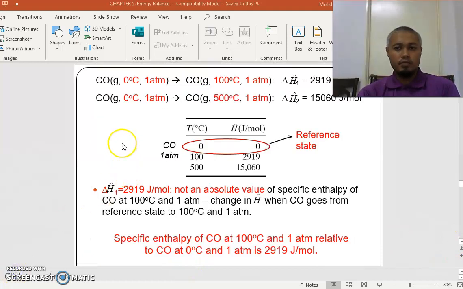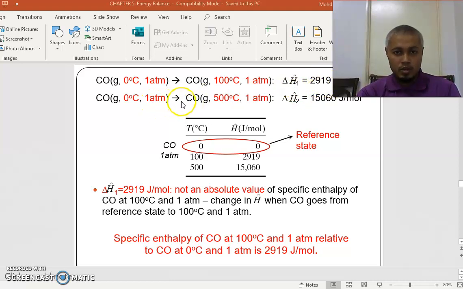For example, if we have carbon monoxide in the gas phase at 0 degrees C and a pressure of 1 atm, and it is converted to carbon monoxide at 100 degrees C at the same pressure, the change in enthalpy will be 2919 joule per mole.